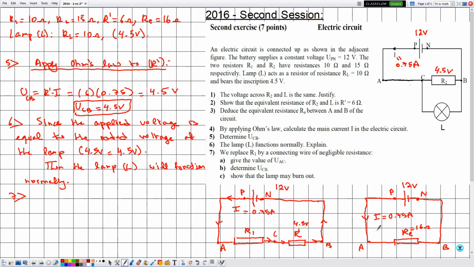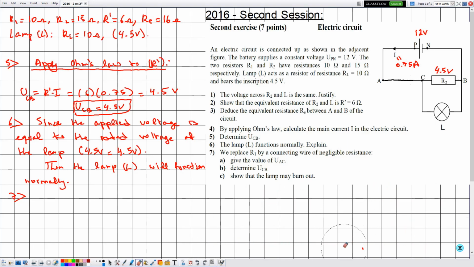Now, no need for these two electric circuits because all of these calculations are based on the presence of R1, and now R1 is replaced by a connecting wire. So the value of the electric current will change, as well as the applied voltage across the lamp or across the resistor R2.